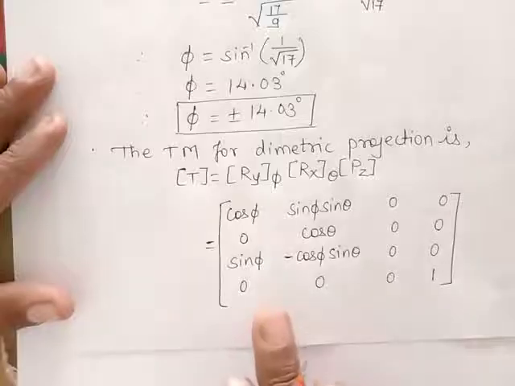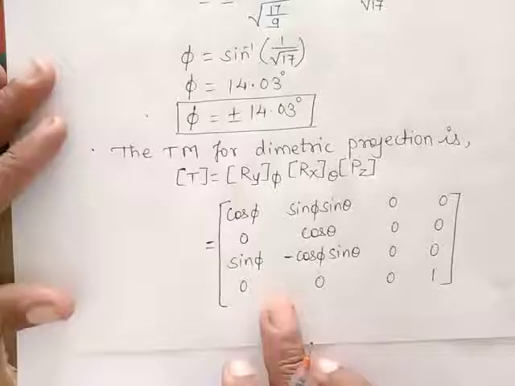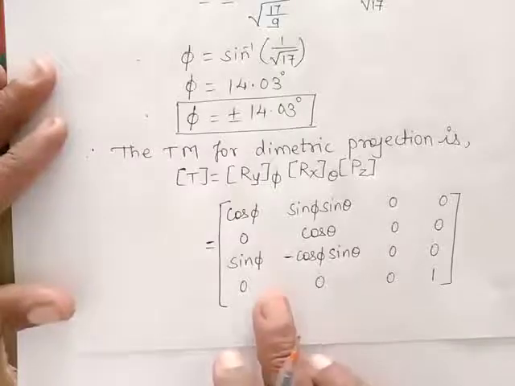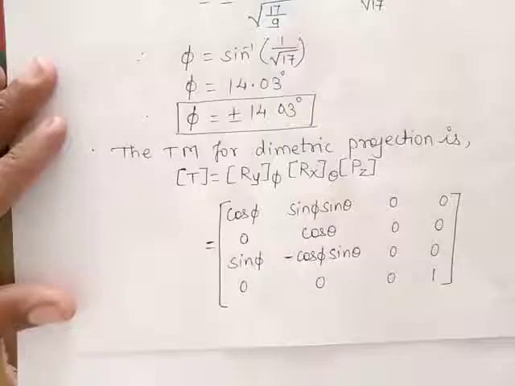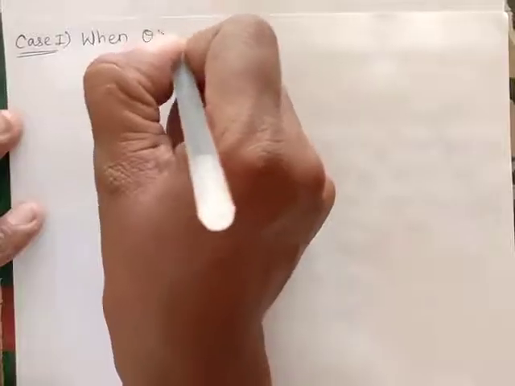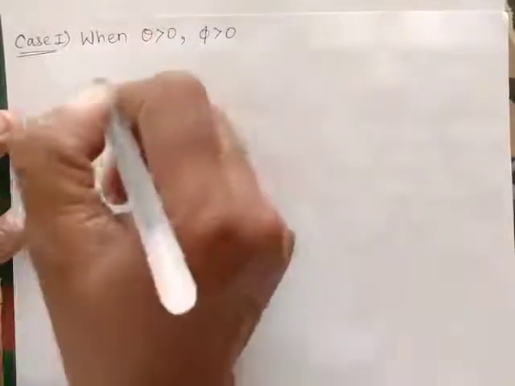Now we have to obtain this transformation matrix for each type of diametric projection, meaning for different values of phi and theta. So let me take case 1 when theta is positive, phi is also positive. So case 1, when theta greater than 0, phi greater than 0, right?